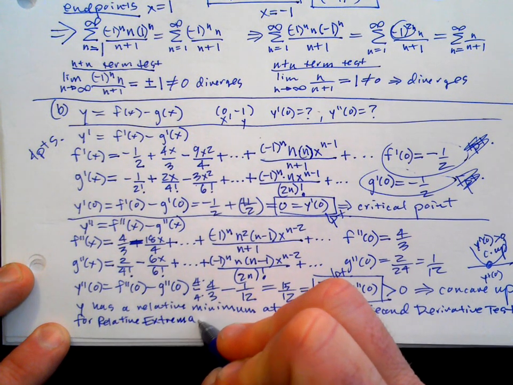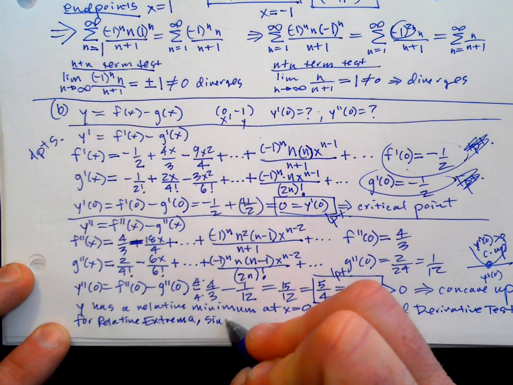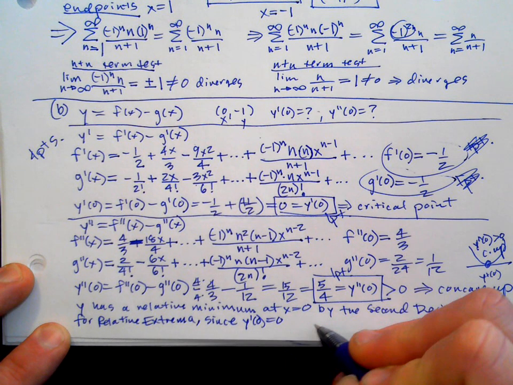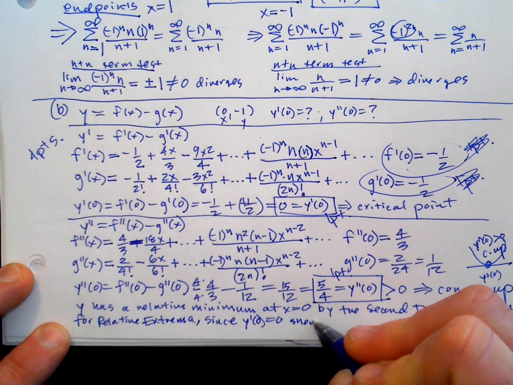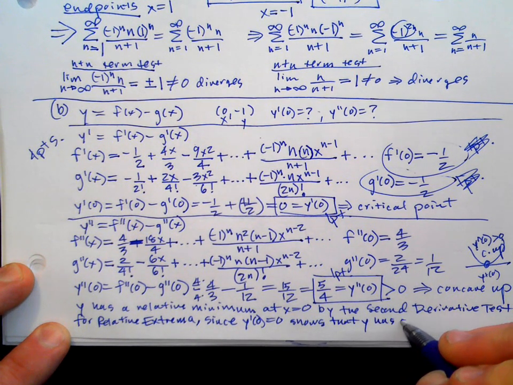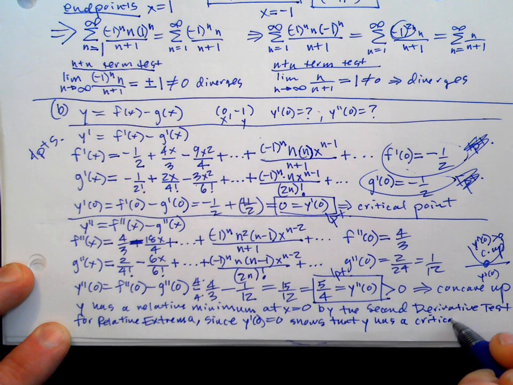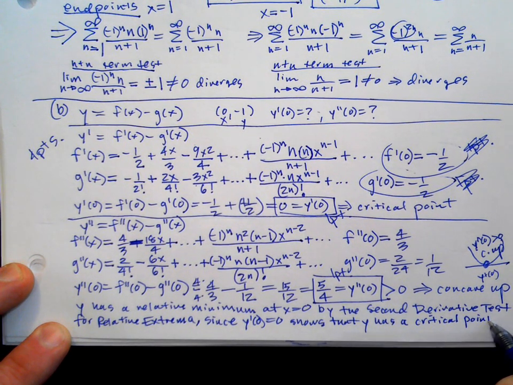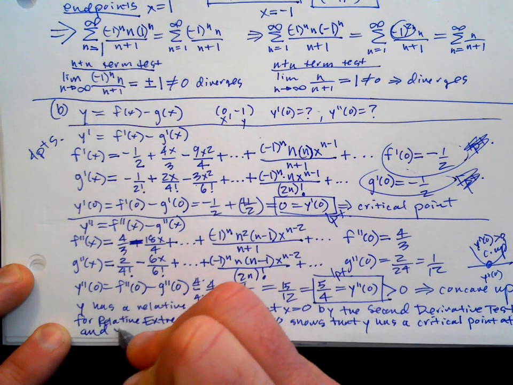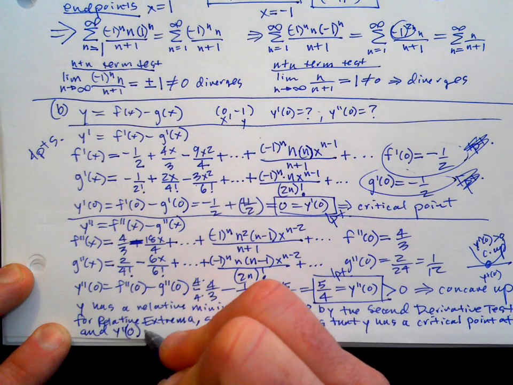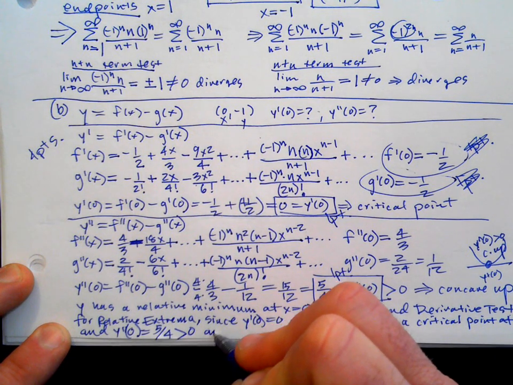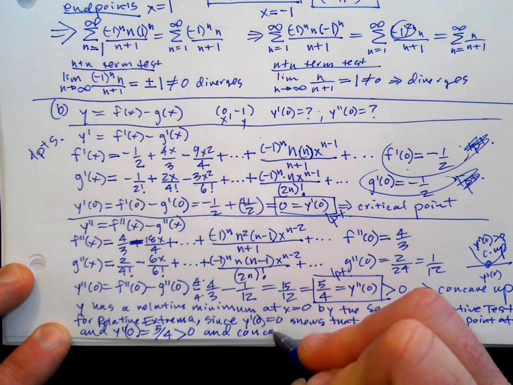Now, how did that work? Since y prime at 0 equals 0 shows that y has a critical point at x equals 0, and y double prime at 0 equals 5/4, which is positive and concave up.